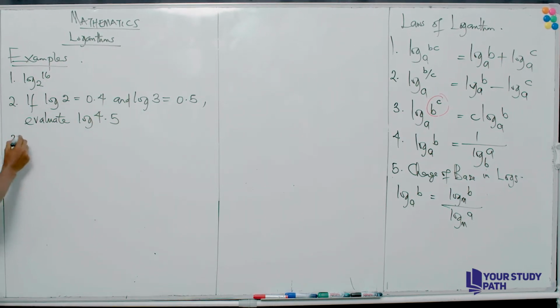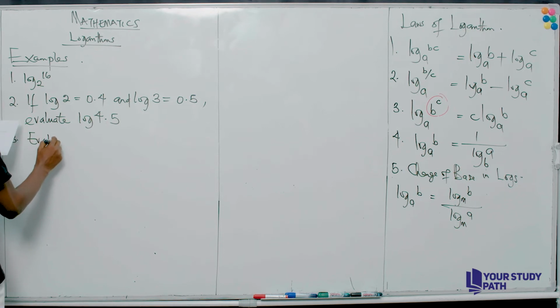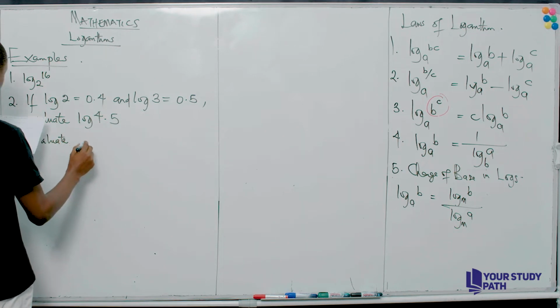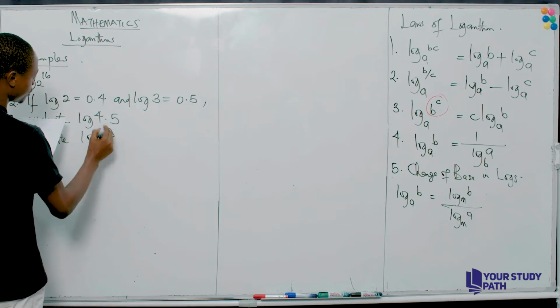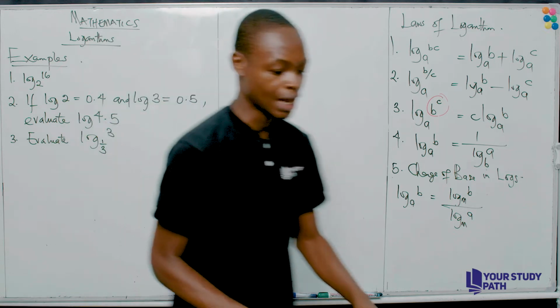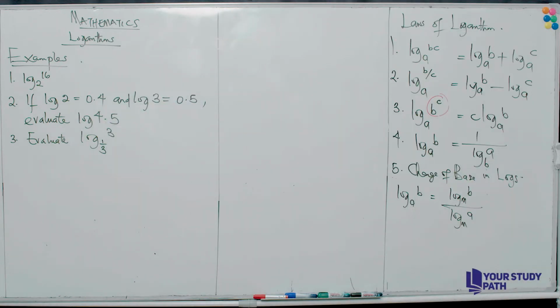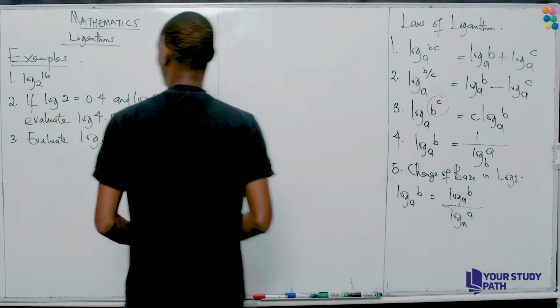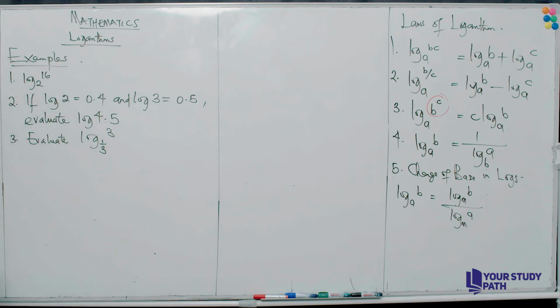And then 3, let's evaluate log 3 to the base of 1 over 3. Okay. Let's start with this first one and then we'll go to the others. Good. Now, for our first one, which is log 16 to base 2, how do we simplify this?